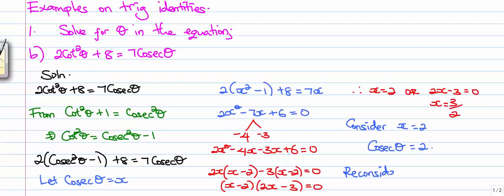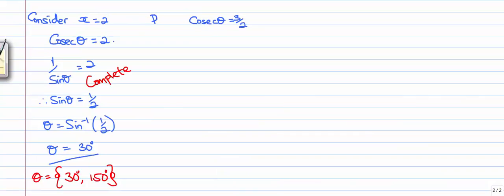And so we can now reconsider when x is equal to 3 over 2. So cosec theta will be equal to 3 over 2. Once we also solve that to obtain the principal value, we shall observe that sine theta is equal to 2 over 3.